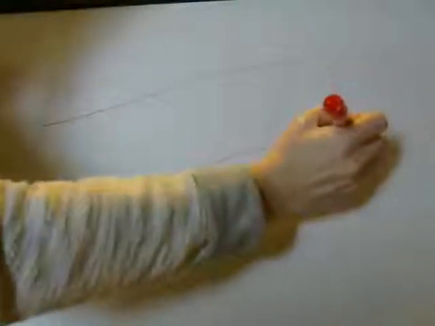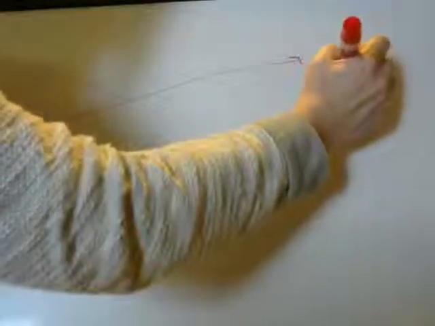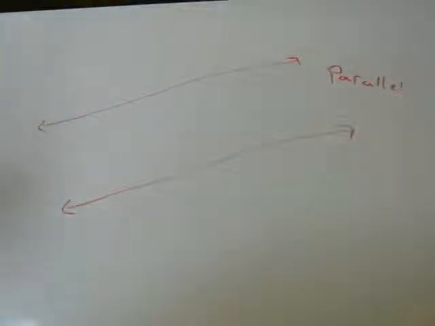Something a little bit more complicated, but it's the same idea, is if you have two parallel lines. So I'm not going to be able to draw that exactly, but you have two lines that are parallel. Parallel means that they will never intersect. It's kind of like the two lines on the side of a road.